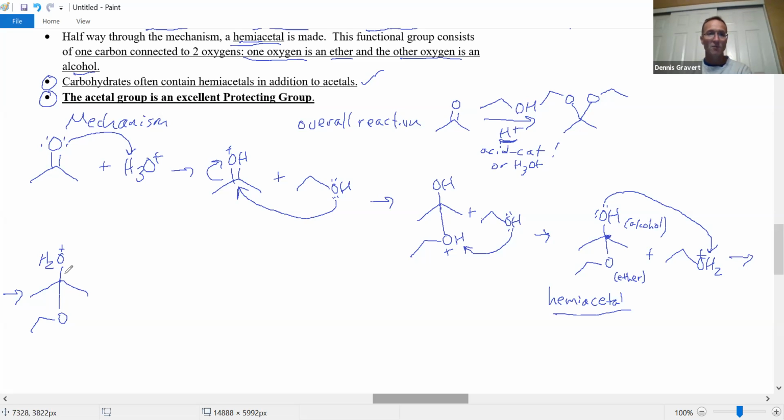Because in the next step, water, you've got to leave, but no carbocation. So the lone pair on this oxygen, just like in the imine reaction, comes down and doubles up the bond. I'm going to swing those two groups, these two ethyl groups, to the other side, and double up the bond. There's a plus charge here because of 3 bonds to this oxygen when it made the double bond. The water molecule left.